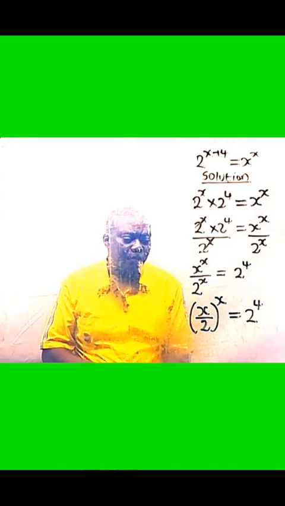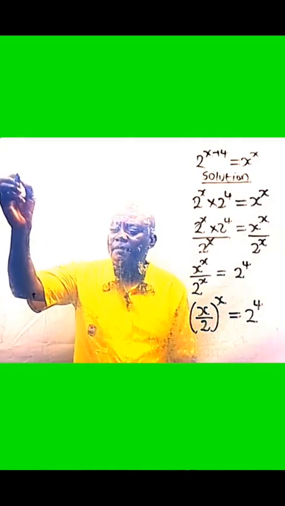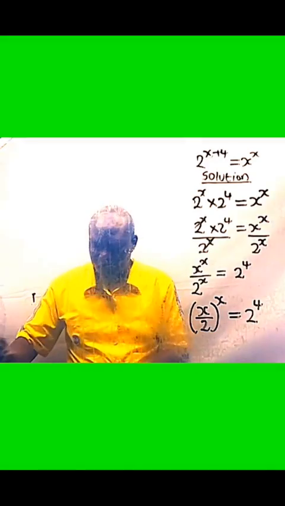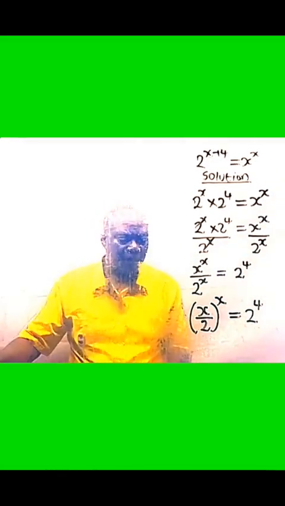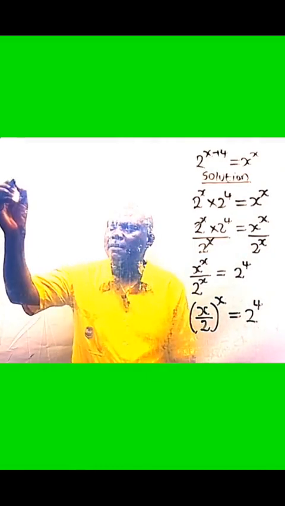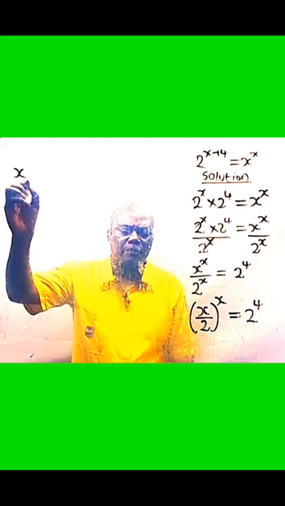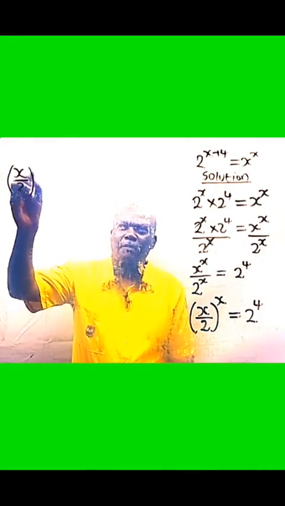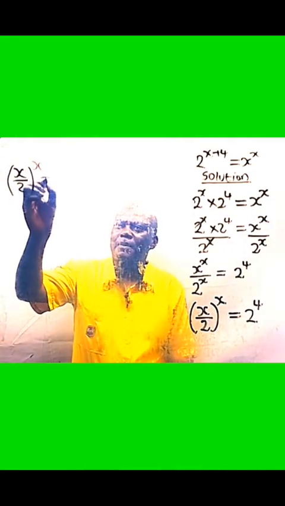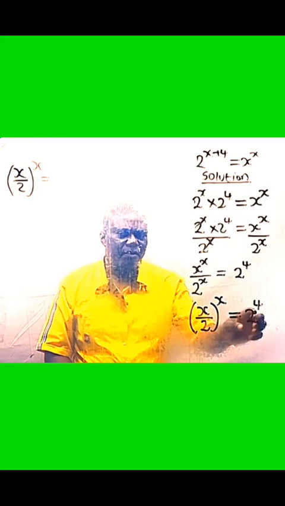Let us do some manipulation. We have a problem in the left hand side, so it still remains x over 2 all to the power of x, equals this base 2.